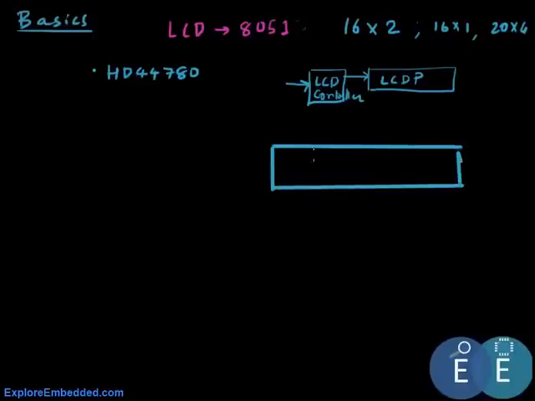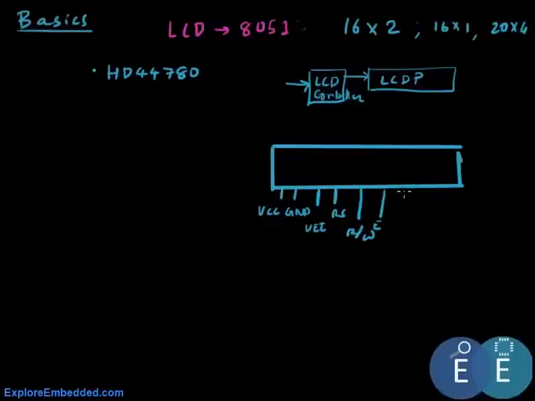Alright, so the LCD basically will have the following pins. There would be 2 pins for the power, which are VCC and ground. And then you would have a contrast pin, VEE, and you would have the register select, read write, and enable pins.